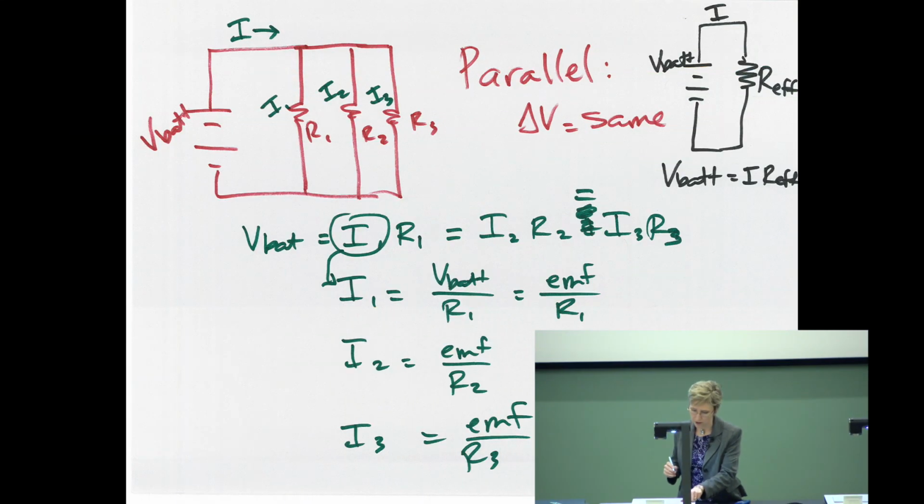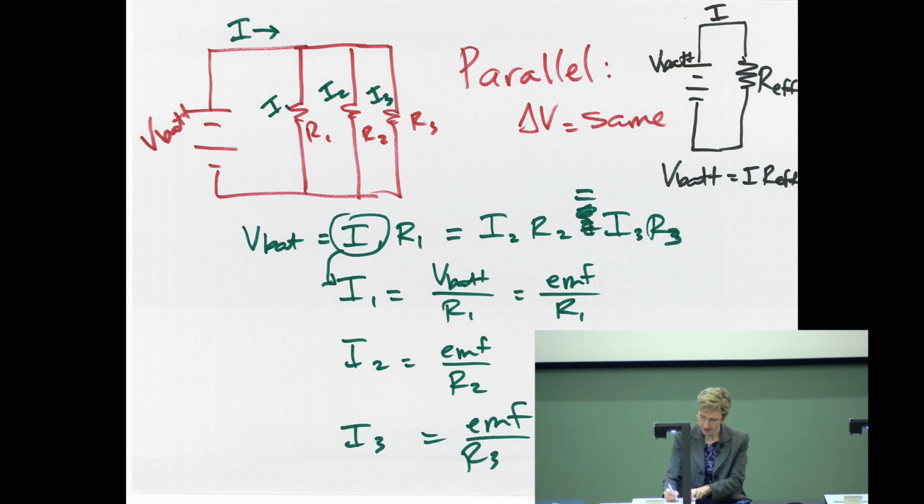And what I can think about then is, all right, I have the battery voltage here, and I don't know right off the bat what these different currents are, but we can figure it out, right? So if we know that the current coming in to here has to split through all those 3 paths, we also know that this voltage drop across these guys is the same, right?